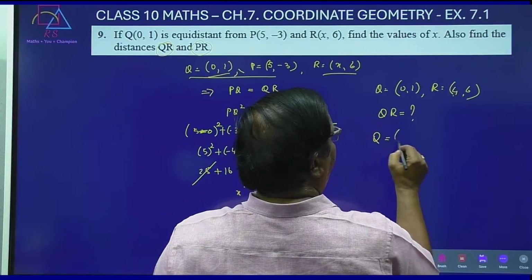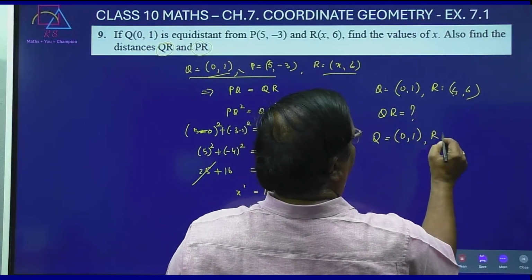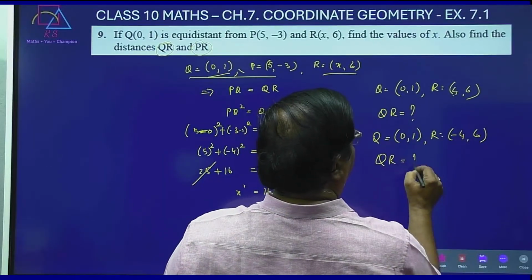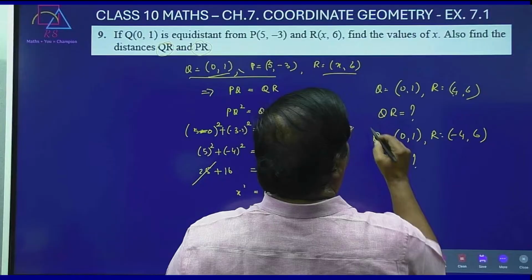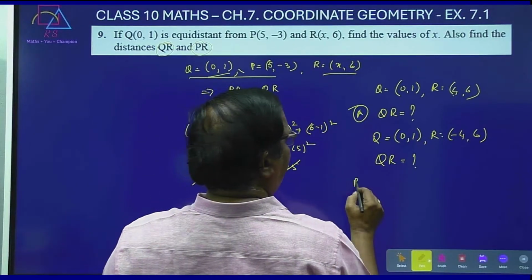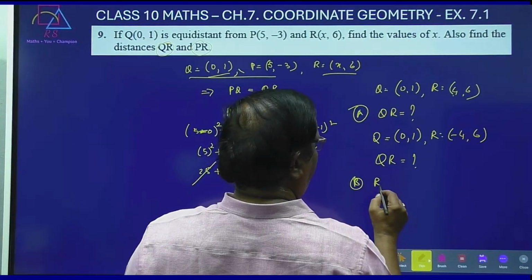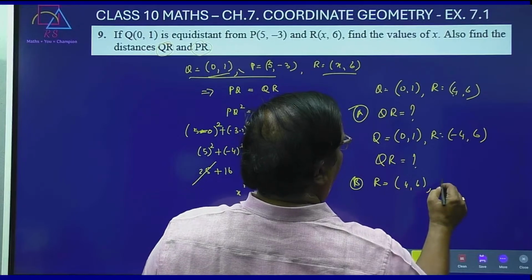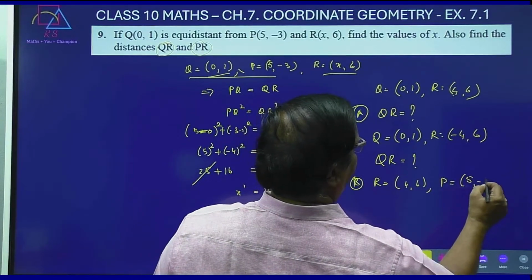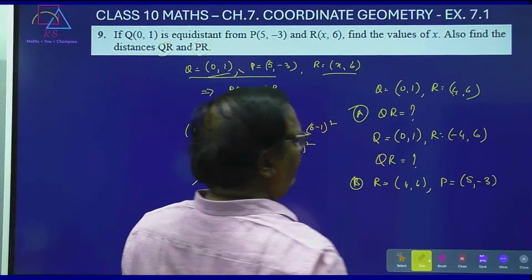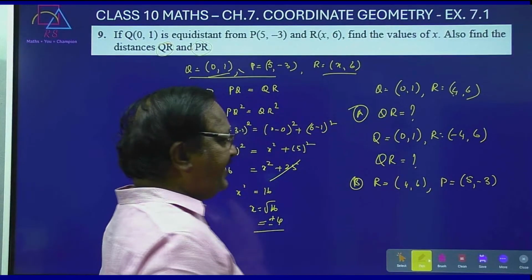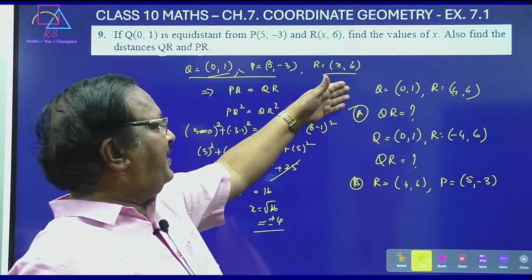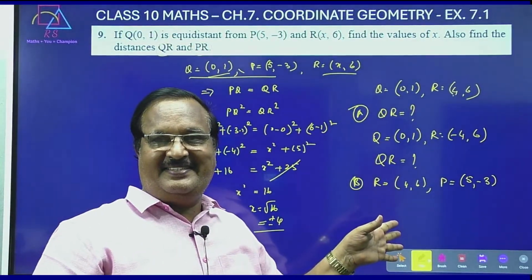Again you write Q is equal to 0 1 and R is equal to minus 4 and 6. Again find QR. This is the first bit. For PR also like this. R is equal to 4 6 and P is equal to 5 minus 3. One time you have to write plus, one time you have to write minus. So you have to do 4 bits here.